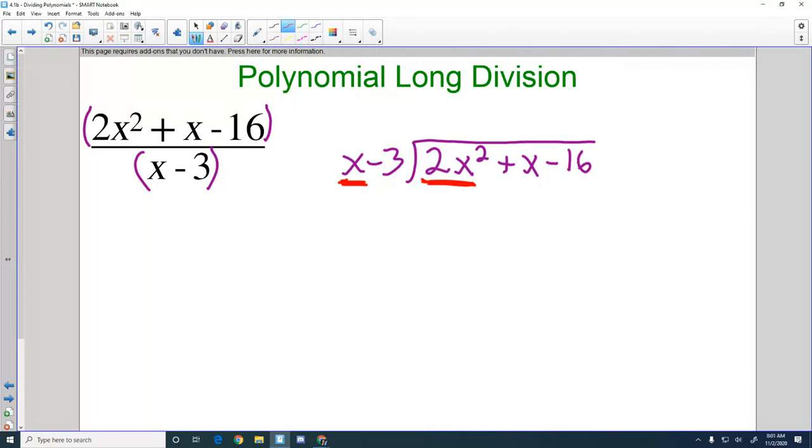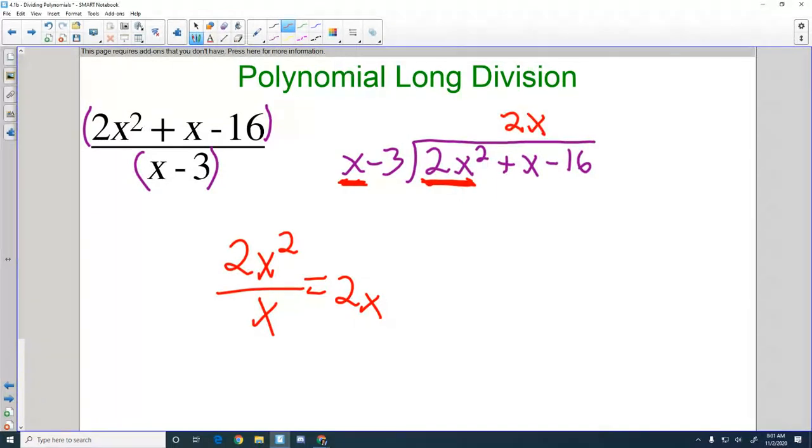If you're unsure how to figure that out, you just use division. Take the term underneath, 2x squared, and divide it by the term in front, x. When I simplify, I get just 2x. Sometimes it's easier for students to just see, how do I make an x into a 2x squared? I just multiply by a 2x. So that's going to go up top.